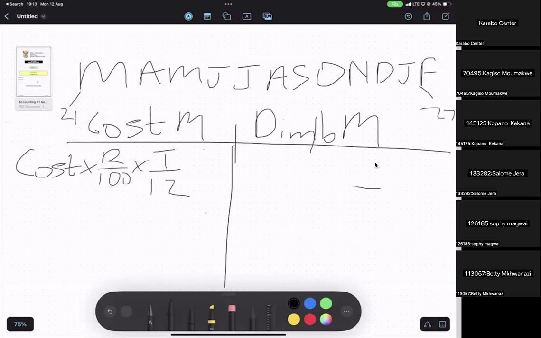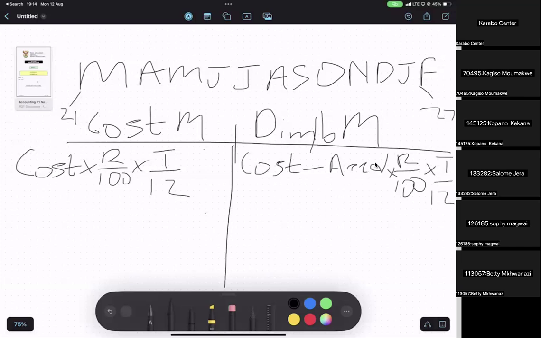So this is the cost method. The cost method is a bit straightforward, guys. It's cost times rate over 100 times T over 12. And then we have the diminishing balance method. The diminishing balance method says cost minus accumulated depreciation times rate over 100 times T over 12.